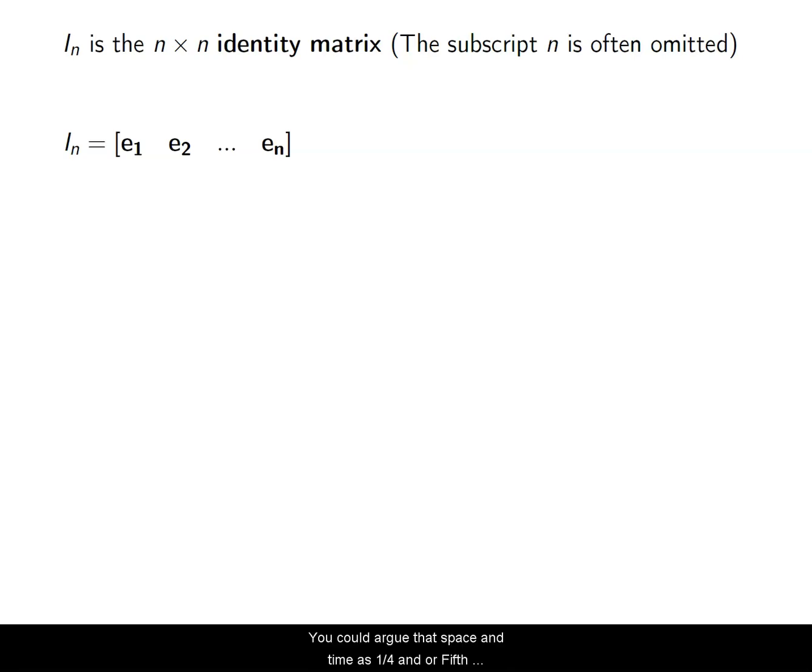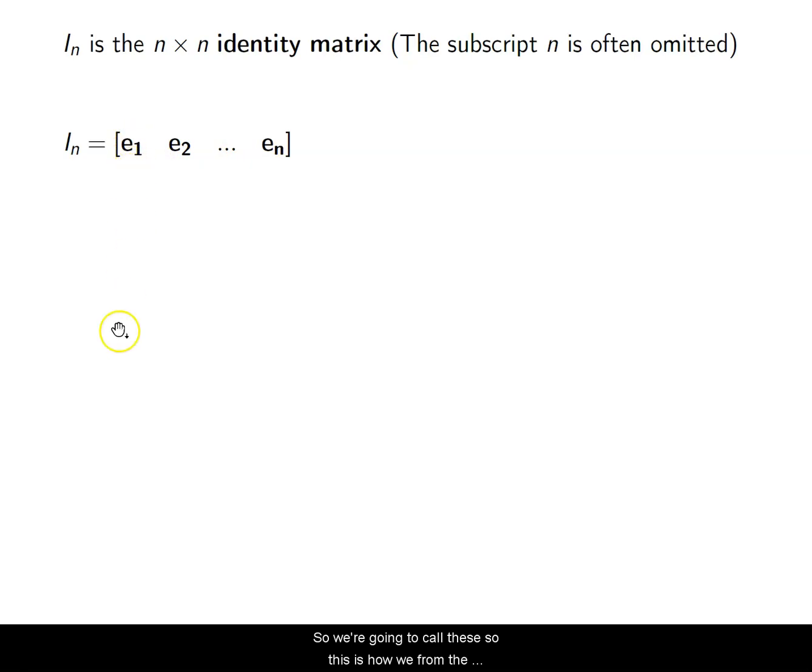You could argue that space and time is a 4th or 5th dimension. But in this class, we go up to infinite dimensions, or some finite dimension could be 100,000,003. It doesn't really matter. The methods in this class are meant to work for almost anything.